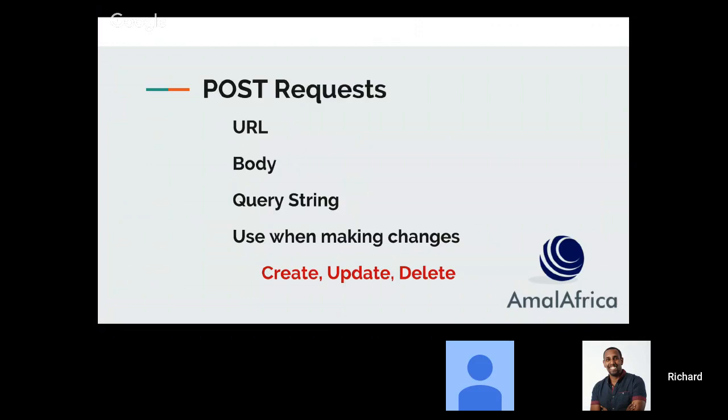So if you're creating something on the web, if you're updating, if you're deleting, then the POST request is what you want. Also, even if it's not actually creating some change on the server, if you're sending any kind of sensitive information, then you don't want to be including that sensitive information in the URL in the way that I did.